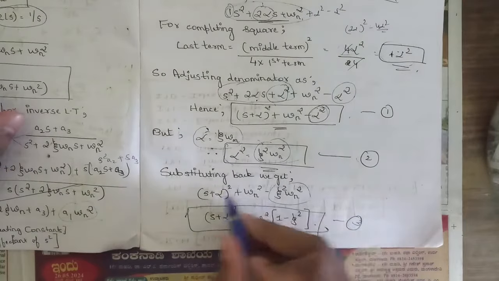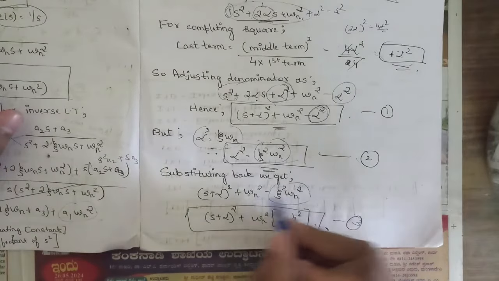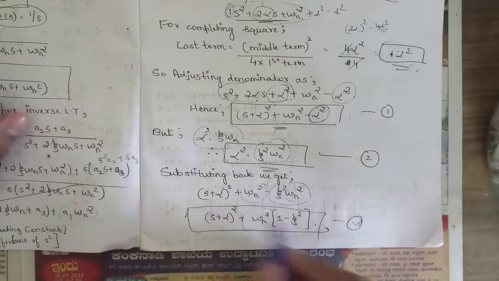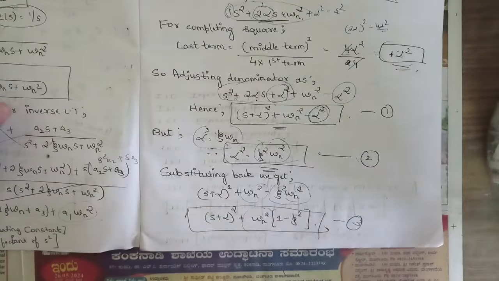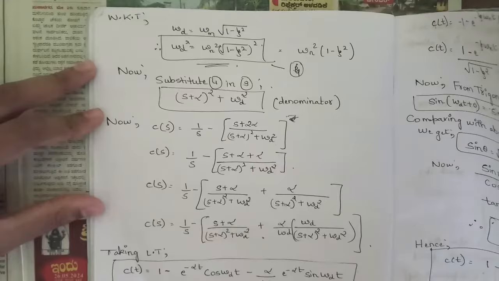Again, in these two terms omega n square is common, take it outside and write the remaining term inside, that is 1 minus zeta square. So s plus alpha the whole square plus omega n square into 1 minus zeta square. Put it in the box and write it as equation 3.